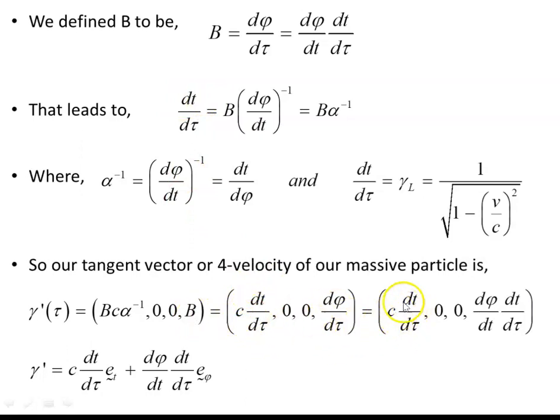Leaving that as c dt d tau, over here we can again apply the chain rule to give us d phi dt d tau. Our tangent vector, gamma prime or gamma dash, is c times dt d tau basis vector e_t plus d phi dt d tau basis vector e_phi.